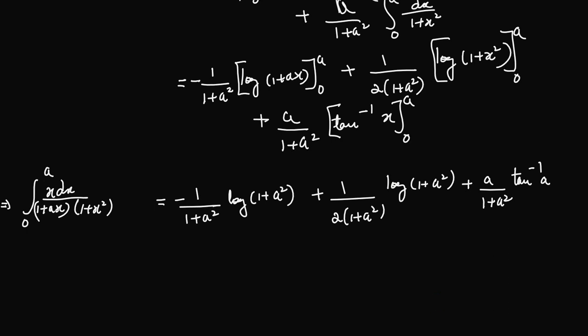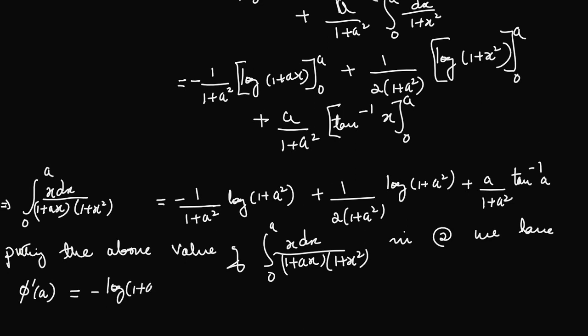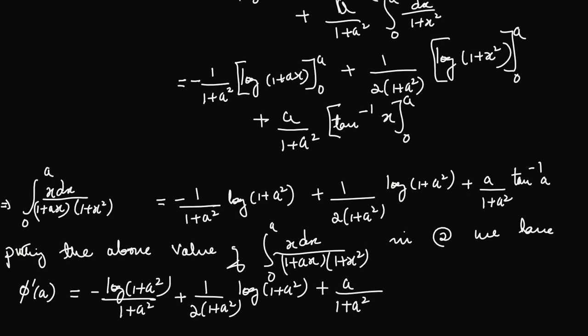So you can write, putting the above value of the integral 0 to a x dx by (1 plus ax) into (1 plus x square) in equation 2, we have phi prime of a is equal to minus log of 1 plus a square divided by 1 plus a square plus 1 by 2 into (1 plus a square) into log of 1 plus a square plus a by 1 plus a square into tan inverse of a, that is the integral of that first term.